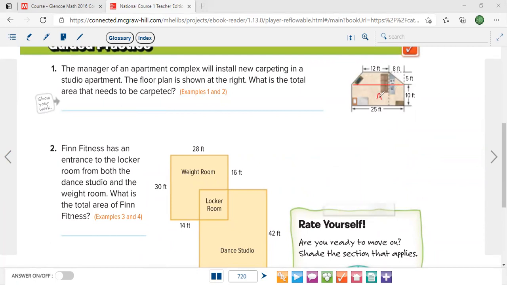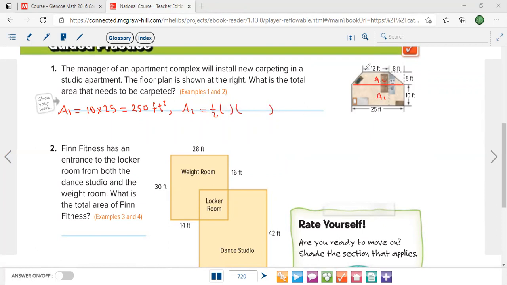I'll find the area 1. So area 1 equals length times width, 10 multiplied by 25, which is 250 feet squared. Now I'll find the area 2, which is a trapezoid, and you know that the area of a trapezoid is half the height times the sum of bases.